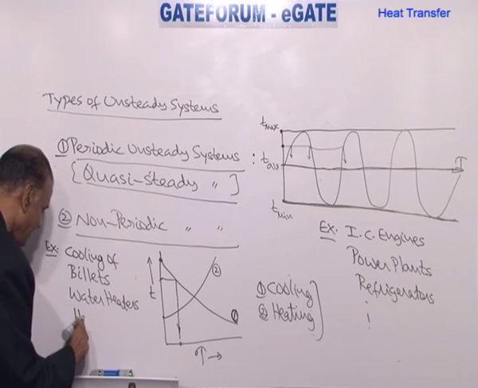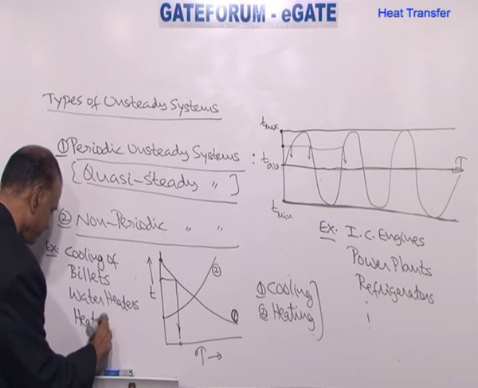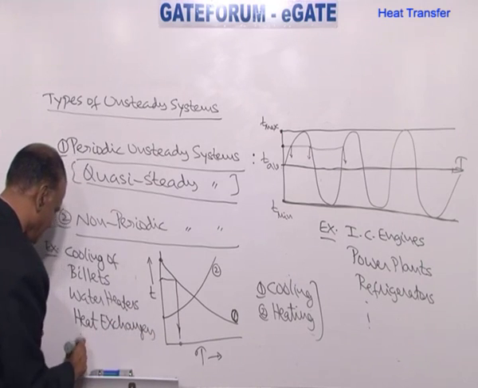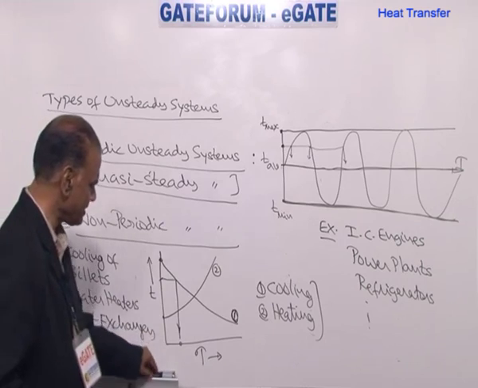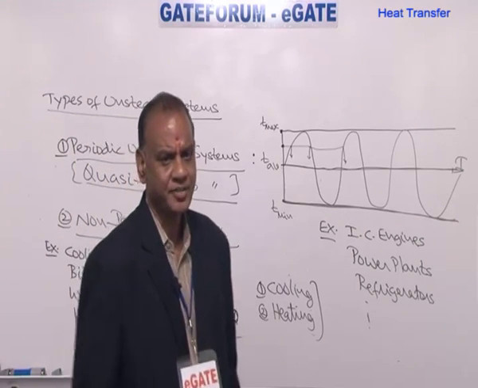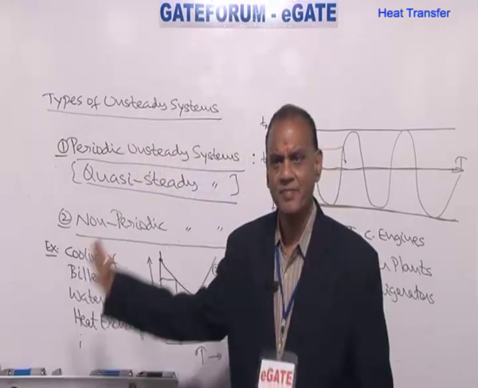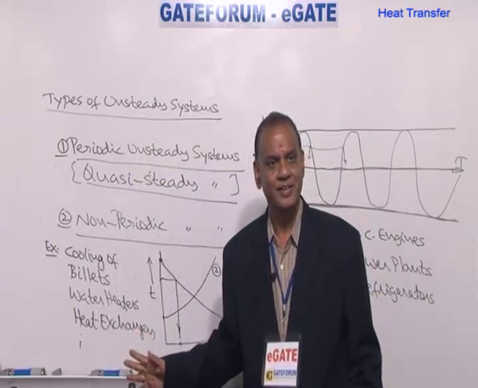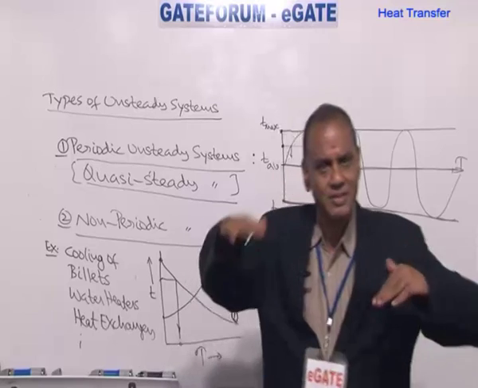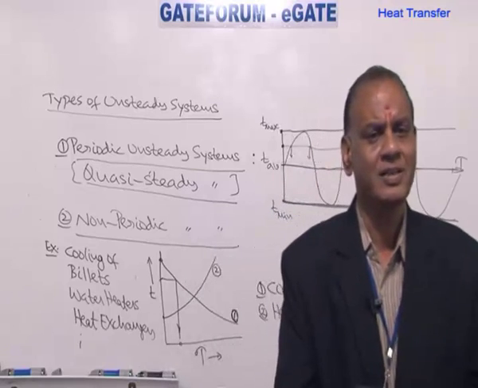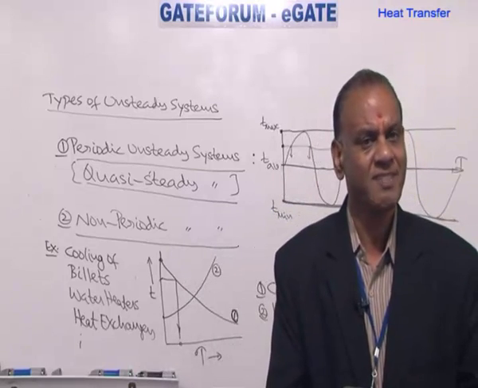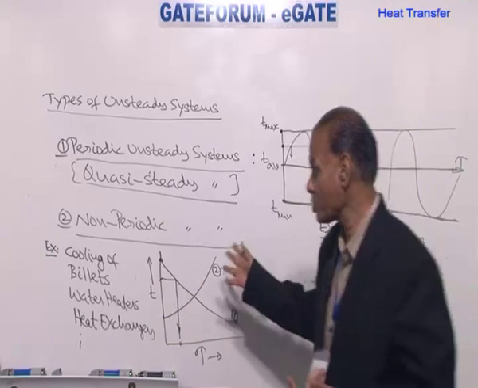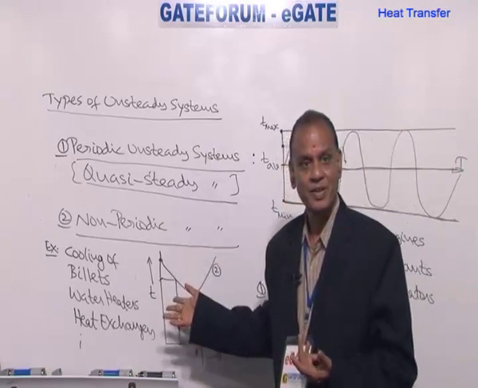Then heat exchangers. These are some of the systems in which we experience non-periodic unsteadiness. So here temperature is varying periodically, here non-periodically. In the first case, there is something very sure between temperature and time, we call it quasi-steady. And in the second, nothing sure between time and temperature.